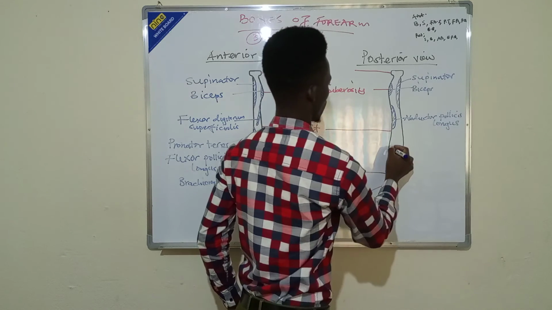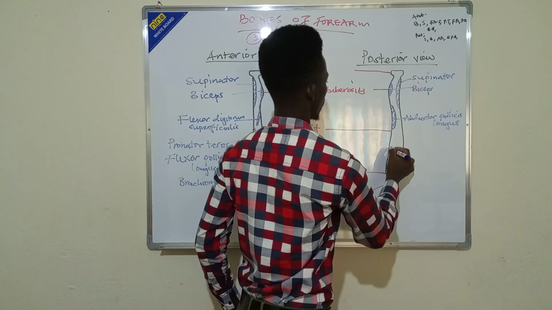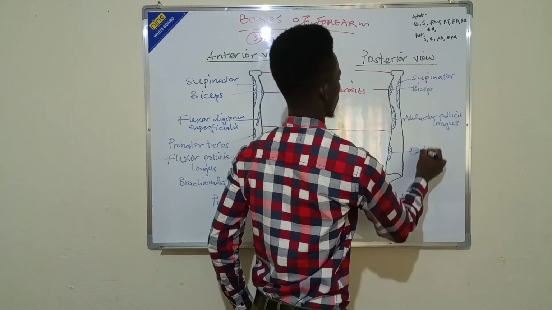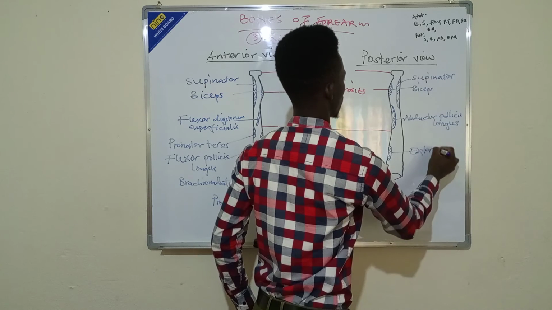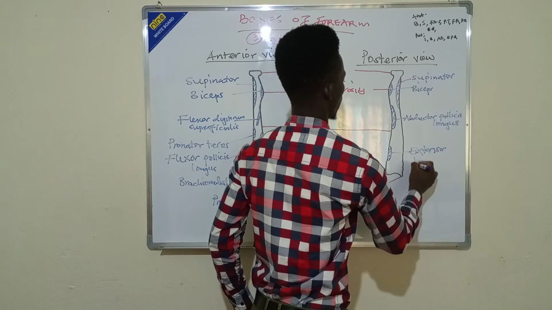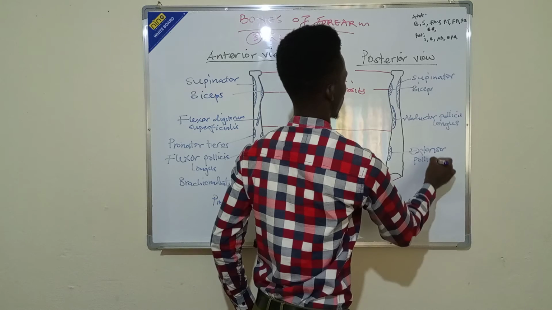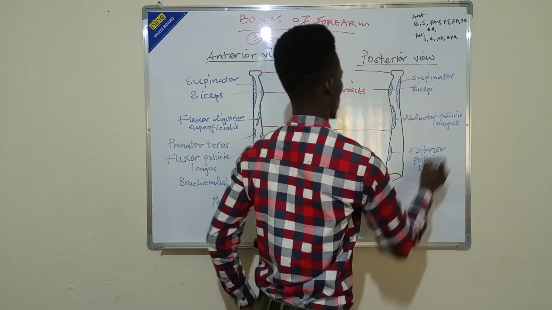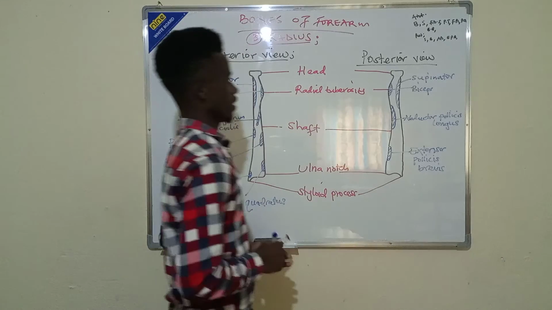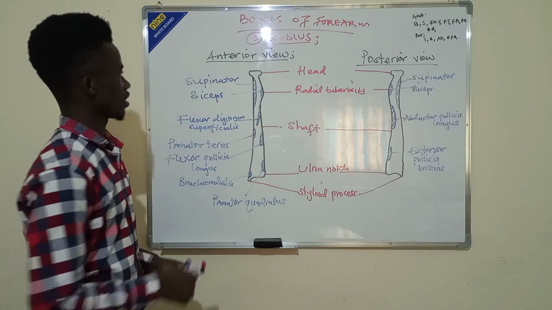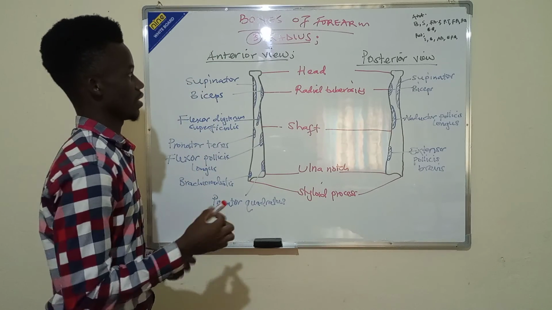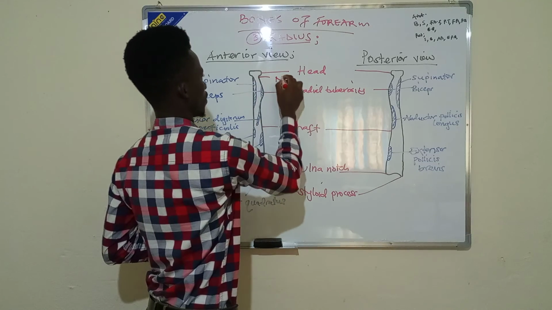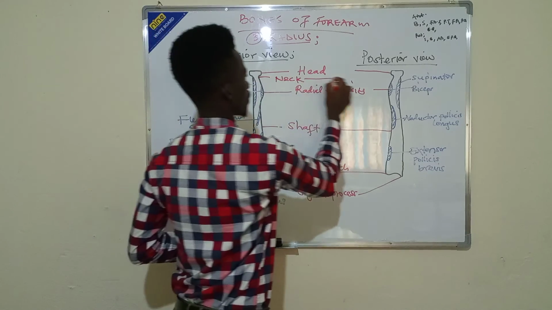Then below it over there is where we have the extensor pollicis brevis. So those are the simple muscles making their points of attachment there. Then another feature, don't forget, this is the neck of the radius.